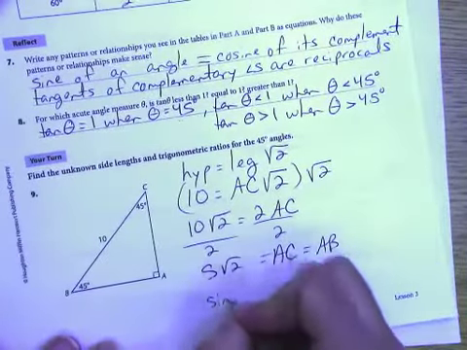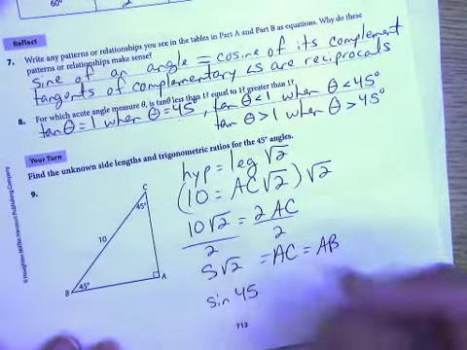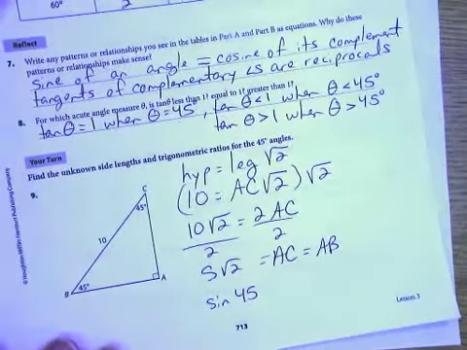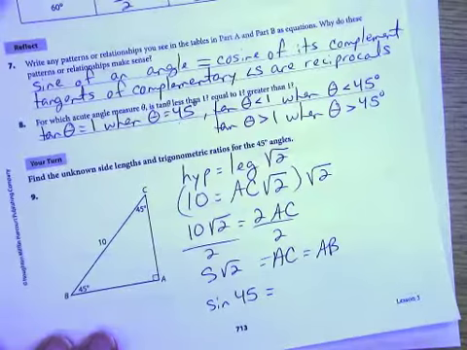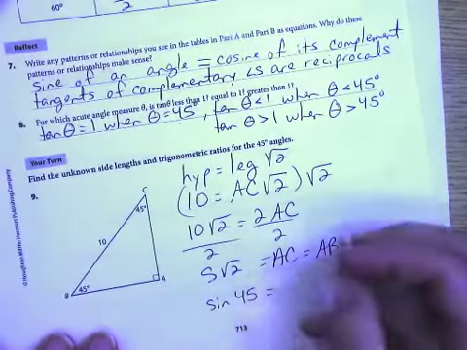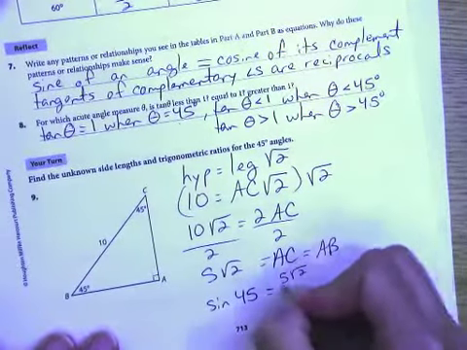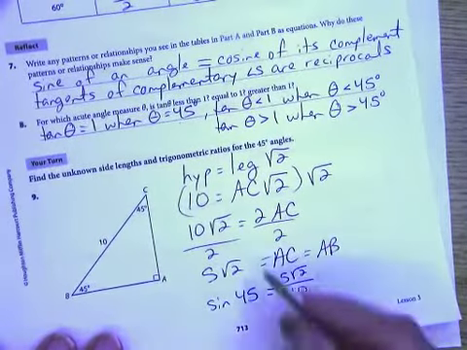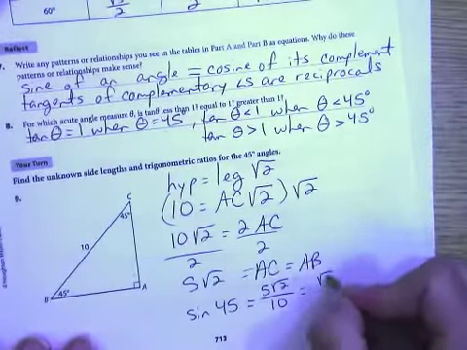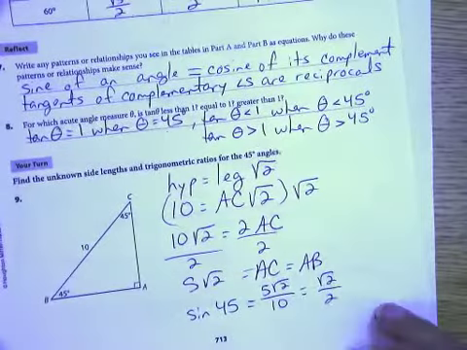So the sine of 45 degrees, and it doesn't matter which 45-degree angle I'm looking at, whether it's B or C, equals a leg, which is 5 radical 2, over the hypotenuse, which is 10. Now this reduces to radical 2 over 2.